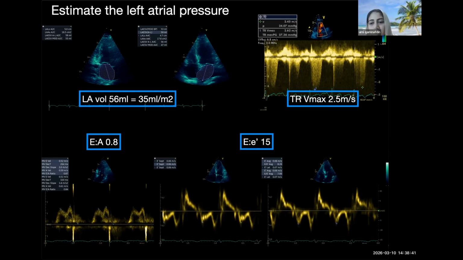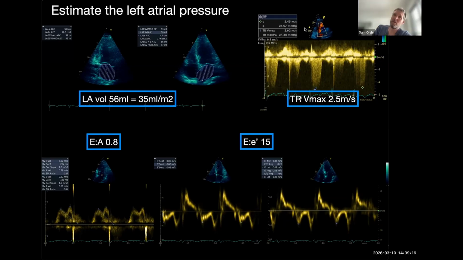I use the cutoff of 14, but it really varies on the image. And then the TR Vmax, the RV function in this context was normal, so the TR Vmax is less than 2.8. And in terms of the E to A, it's A predominant. So with normal LV systolic function and an A predominant wave, I will say there are no signs of raised left atrial pressure.